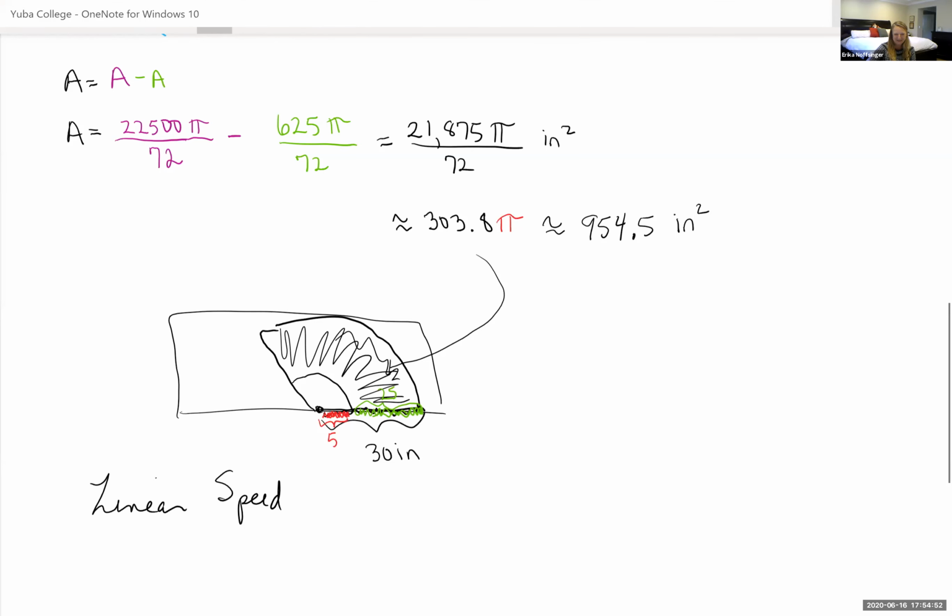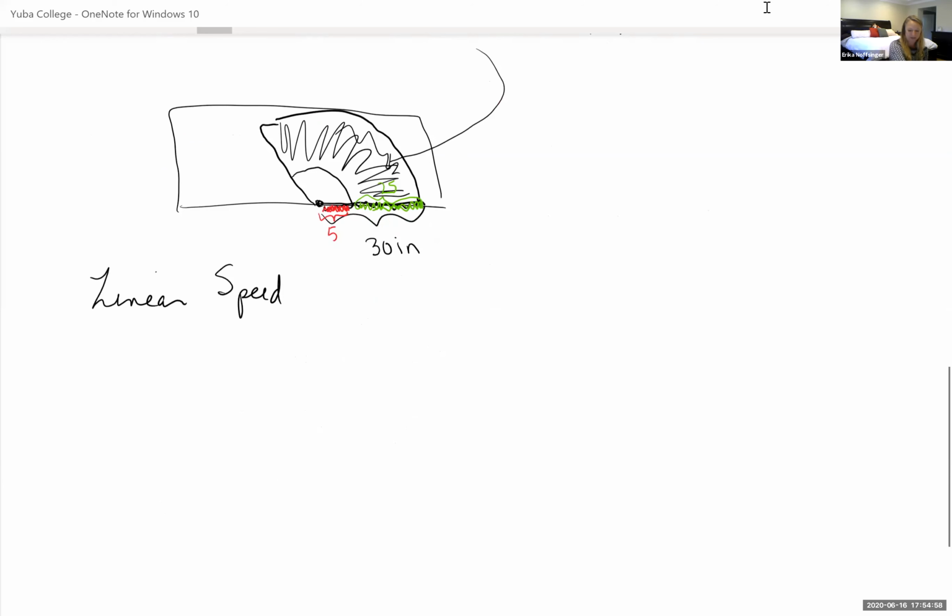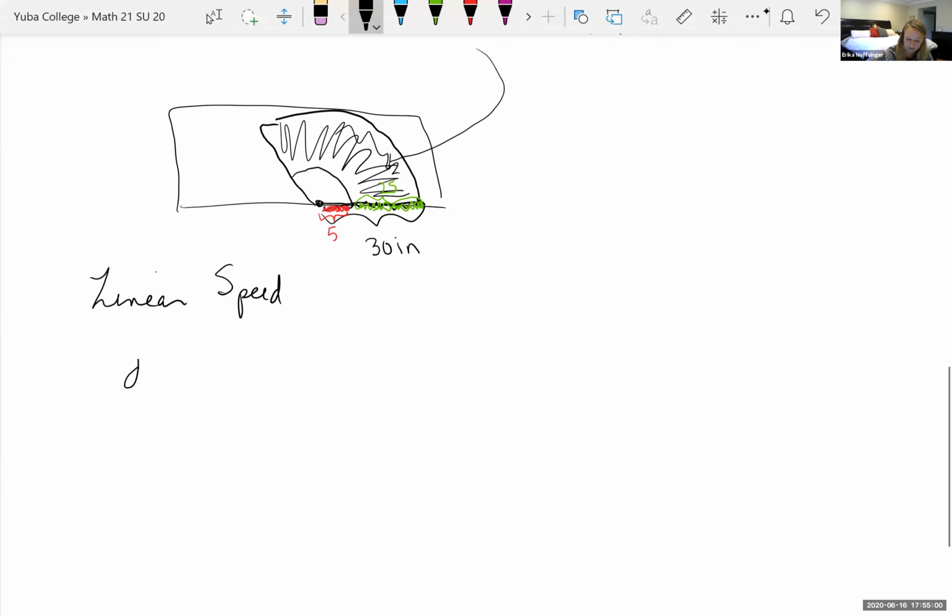Okay, so linear speed is, well, remember our distance formula. Distance is equal to rate times time. If I wanted to find the speed, I could solve for r there.